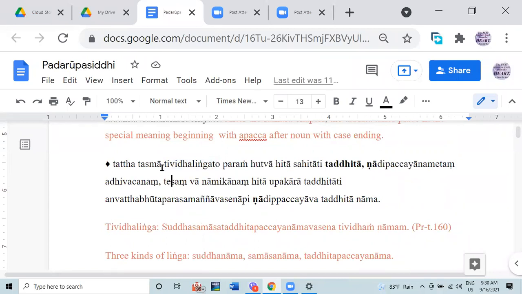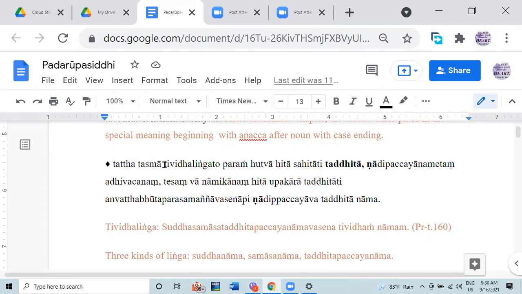Tivida Lingato, T and Vida and Linga, three words. T and Vida, Bobhi Samasa. Here T is number, but because of T you don't think it is Bobhi Samasa. No, Tivida is Bobhi Samasa.